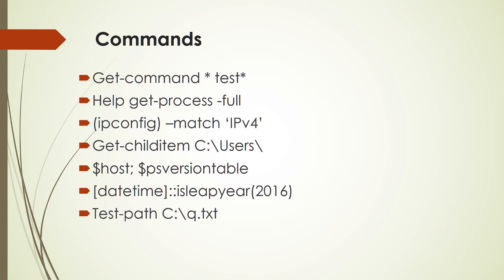In this command, I put 2016 into the parentheses, and you can check if this number is a leap year or not. Test-Path determines whether all the elements of a file or directory path exist.